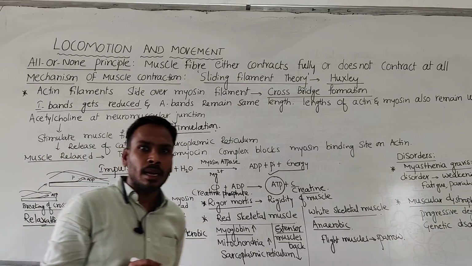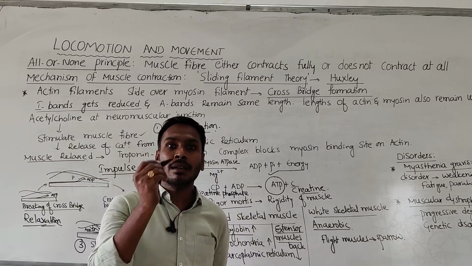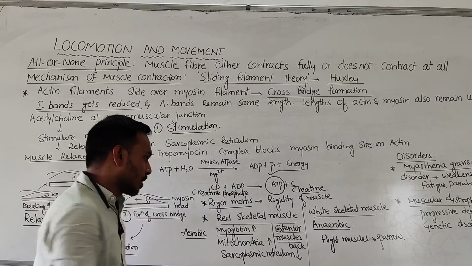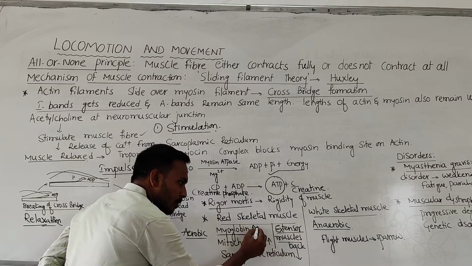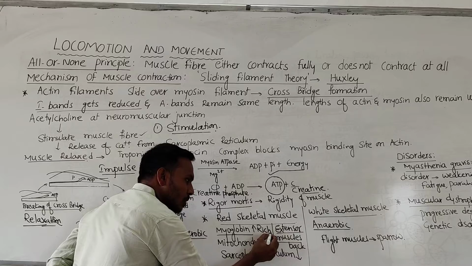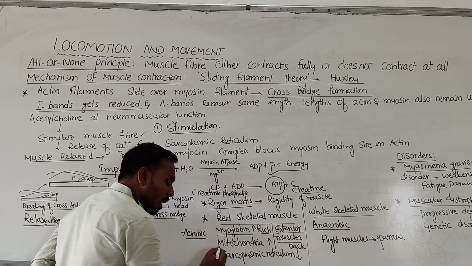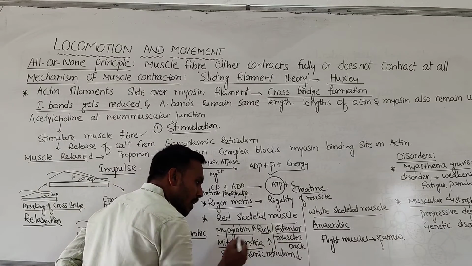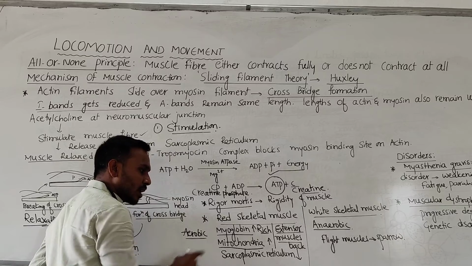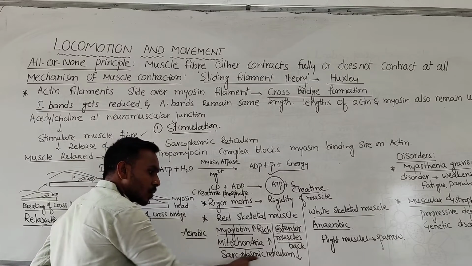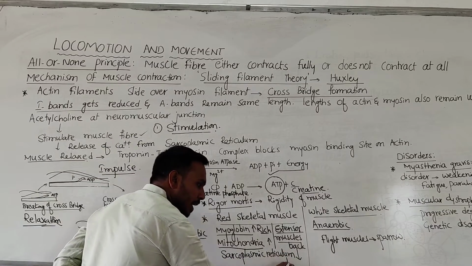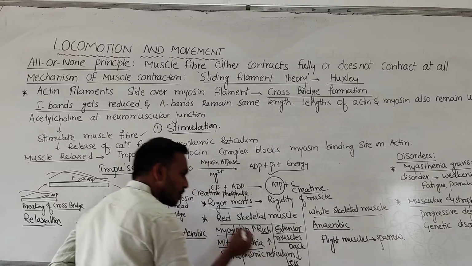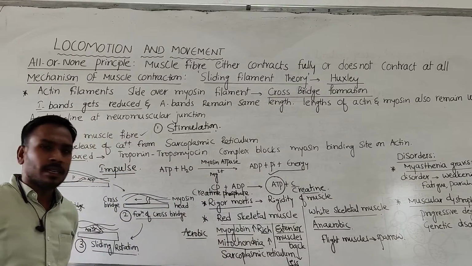Can you give one example? Cardiac muscles are a rich source of myoglobin, where abundant mitochondria are present for energy, and sarcoplasmic reticulum is less in number, as in red skeletal muscles.